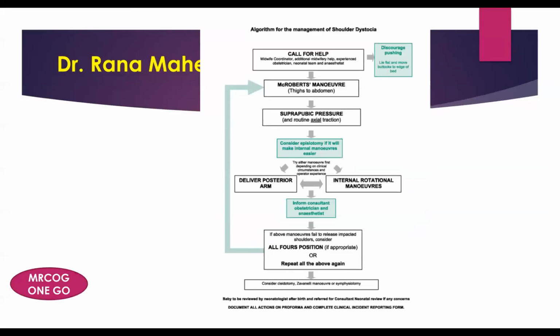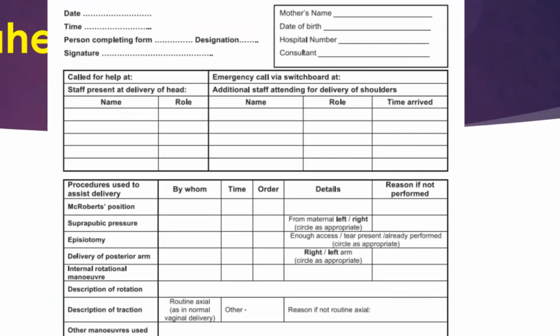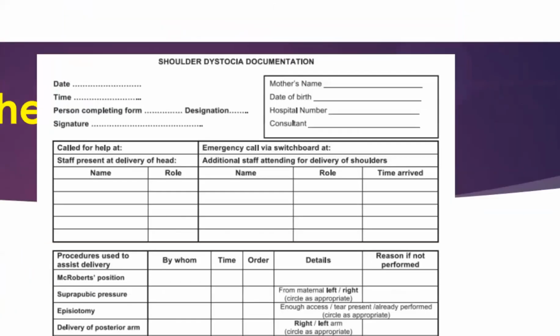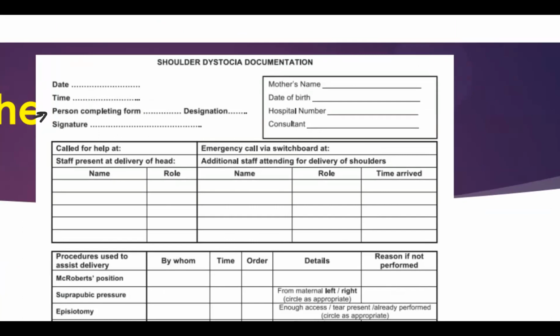This is the algorithm again. This is the shoulder dystocia documentation. As you see here, everything will be here: date, time, and who is completing the form, the nurse, signature, mother's name, date of birth, hospital number, who is the consultant, called for help, staff name, role, time arrived.